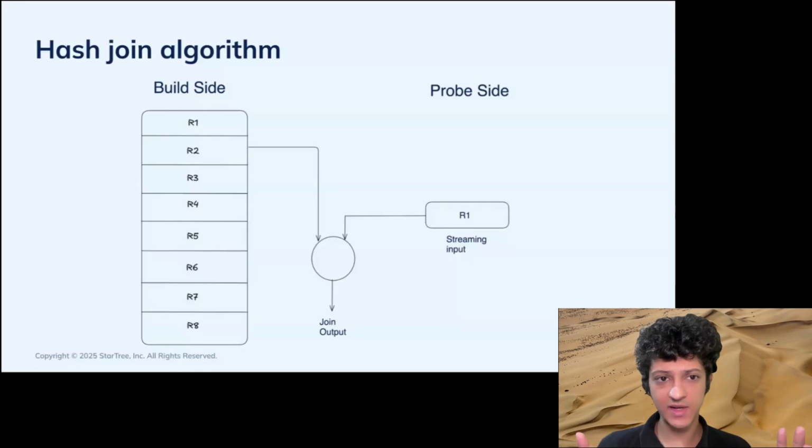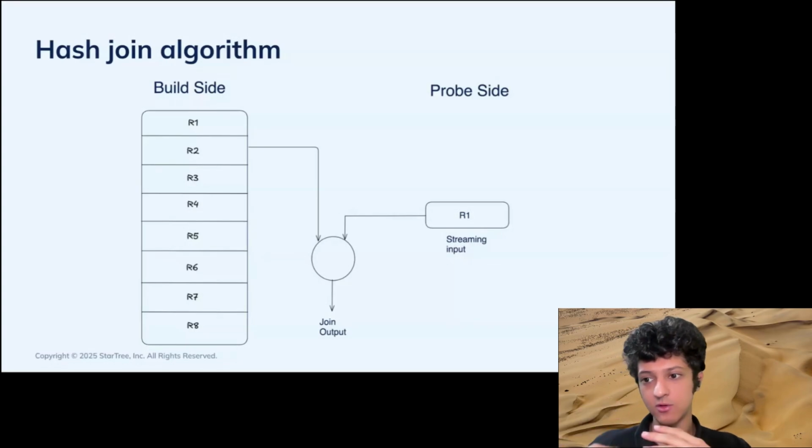And this is typically used for equi-joins. For non-equi joins, we do have to fall back to the nested loop algorithm, where we iterate over all the rows from one side, and for each of those rows, you iterate over all the rows from the other side. Super inefficient, quadratic time complexity, horrible. We don't usually want to do that, but that's also an option in terms of the join algorithms.